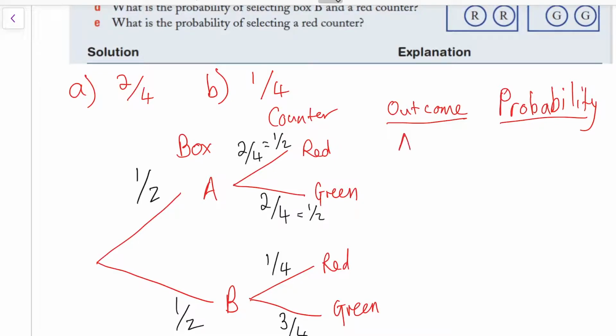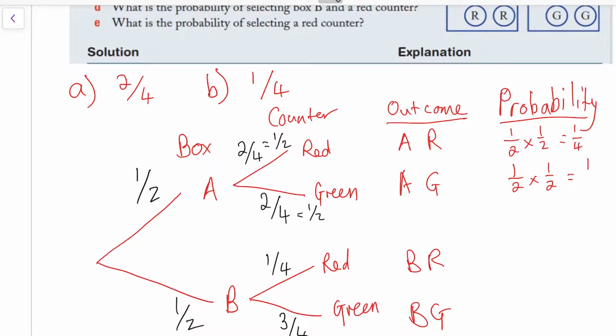So my outcome is box A and a red counter, box A and a green counter, box B and a red counter, box B and a green counter. So my probability is a half times a half, which gets me 1/4, a half times a half, which gets me 1/4, and those are my probabilities for my box A options.